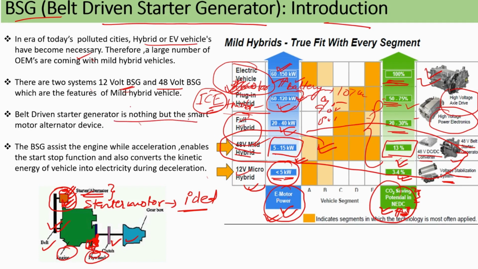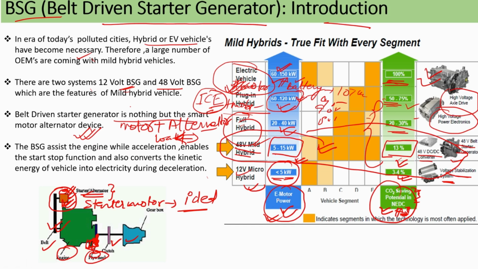Features of mild hybrid: the belt starter is nothing but a smart motor alternator device, where you have the motor I was telling about, plus the alternator also. It drives your flywheel to start the engine, and it also generates current for your loads and battery.